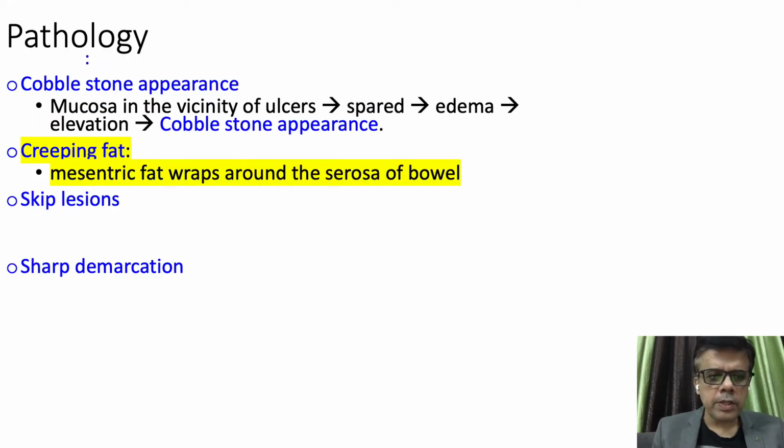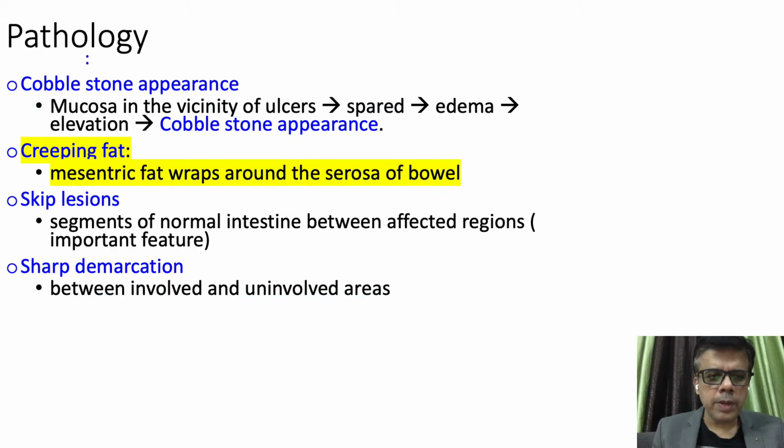So coming to the pathology, the gross appearance shows a characteristic cobblestone appearance. The mucosa surrounding the ulcers is usually spared, and shows edema and regenerative hyperplasia to become elevated, giving a laminated brick-like appearance known as the cobblestone appearance, which is in contrast to the pseudopolyp appearance in ulcerative colitis.